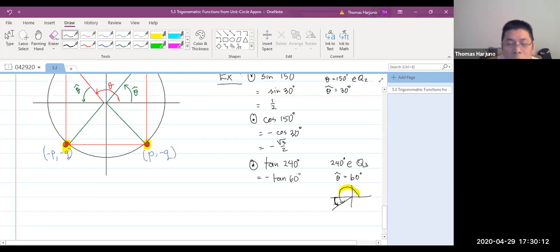So tangent 240 degrees equals negative tangent 60 degrees. And that would be negative. What is tangent 60 degrees? It's radical 3. There. Okay.